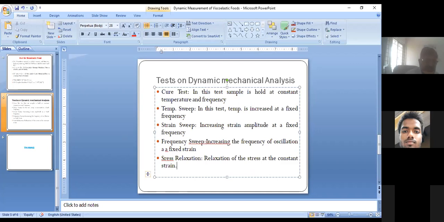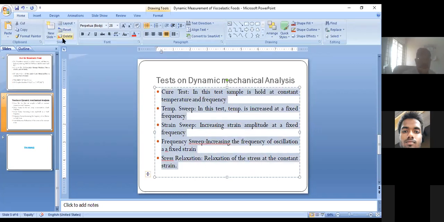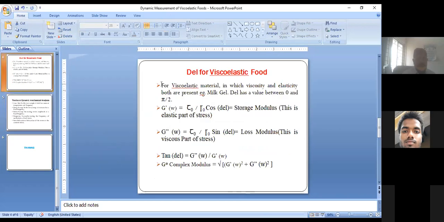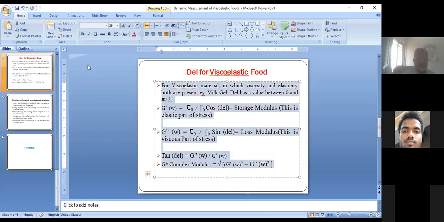So these are the different tests which can be performed on this method, and this is very important.